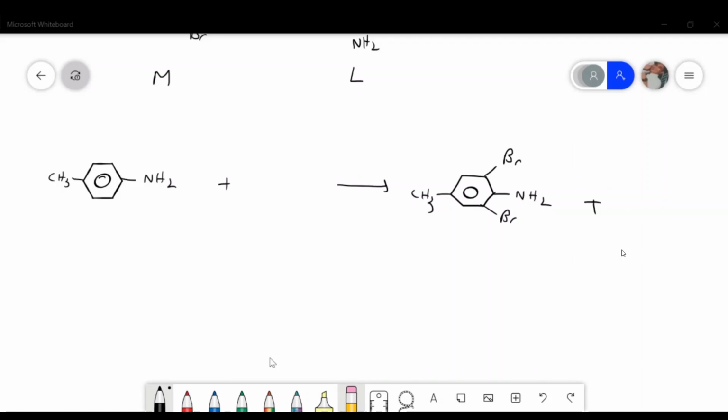Since you got the second one correct, I'm assuming the first one was a mistake. Just remember that there's two bromine atoms. Since there's two HBr, there has to be two Br atoms, okay?